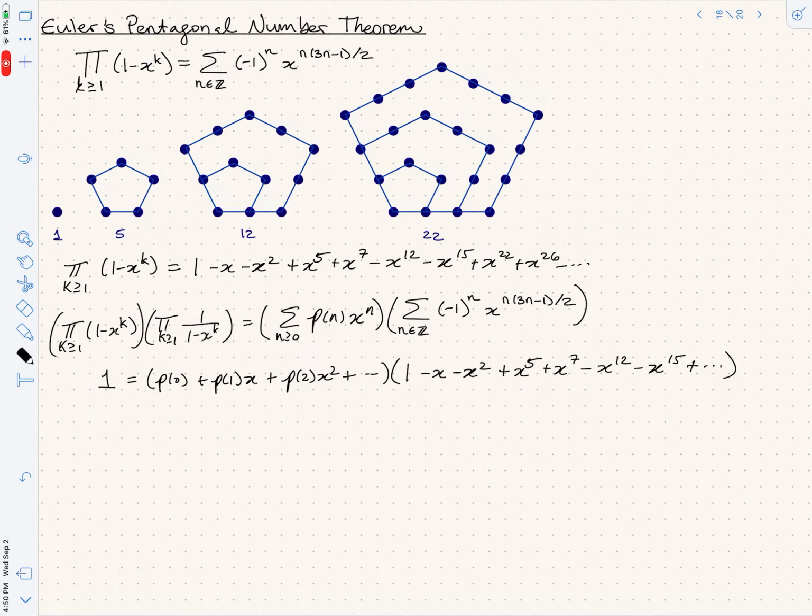And we're going to have more terms, of course. And so if we think about taking the coefficient of x to the n over here, it is 0. And now what is it over here? And we're going to get an identity.